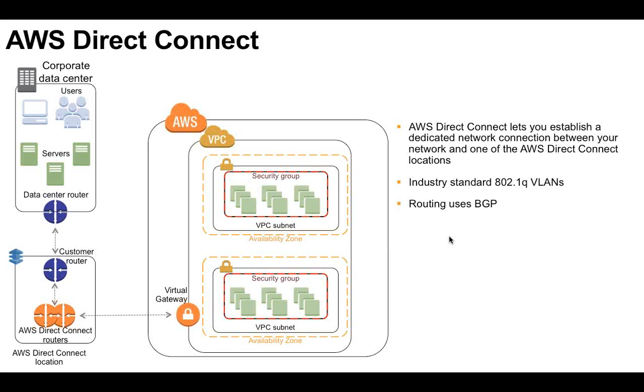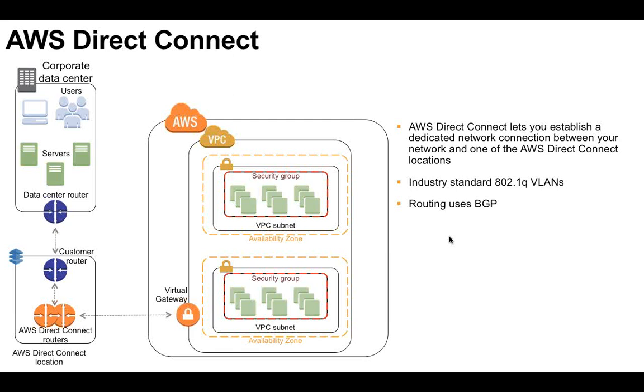So you could actually establish a dedicated network connection between your own data center and an AWS Direct Connect location. And from the Direct Connect location, you can have a 1 Gbps or a 10 Gbps Ethernet link to your AWS VPC. So this uses the 802.1Q VLAN technology. You can create multiple virtual interfaces and connect them to different VPCs that belong to your own enterprise.